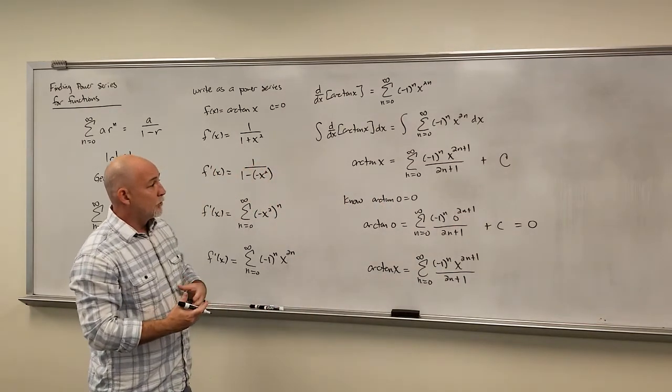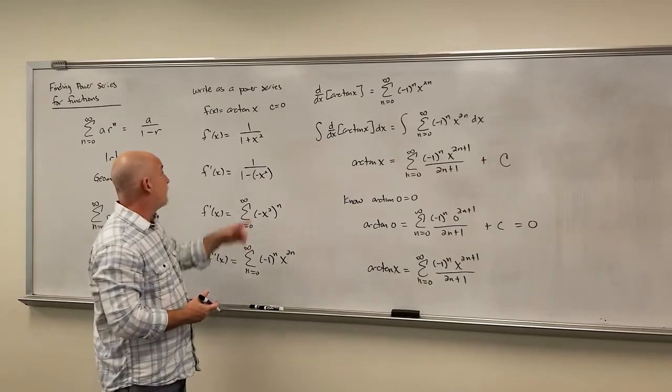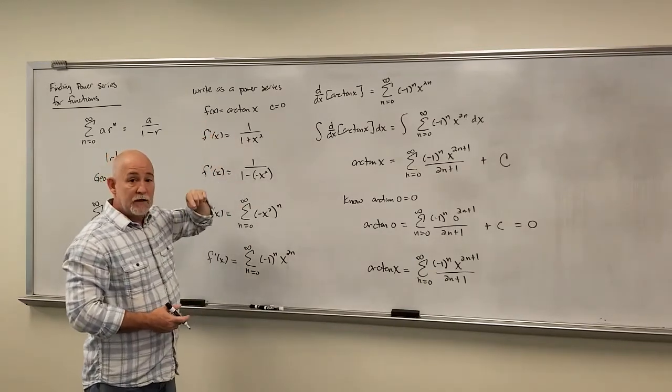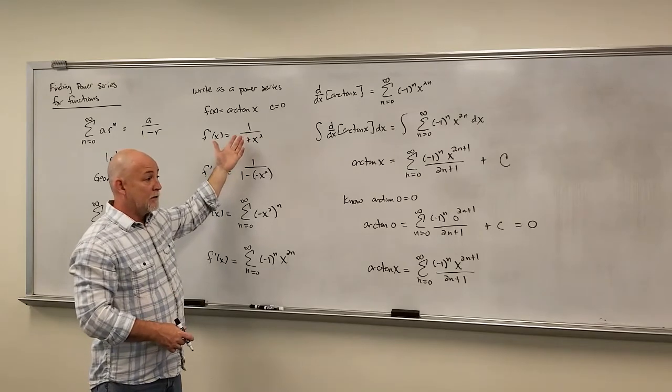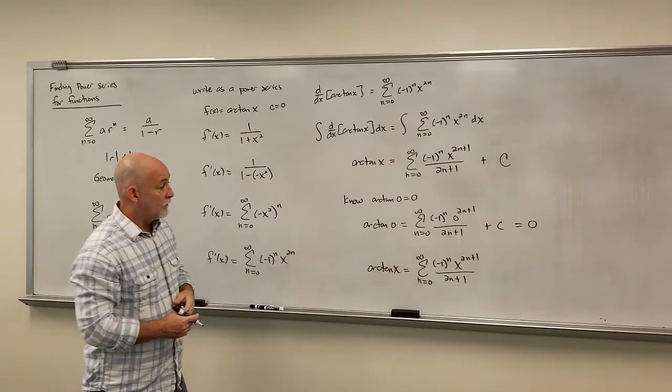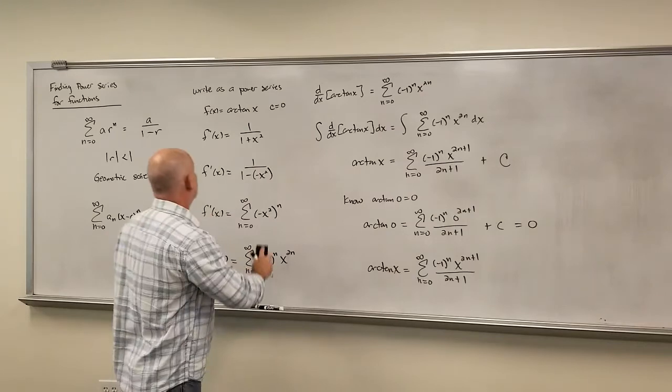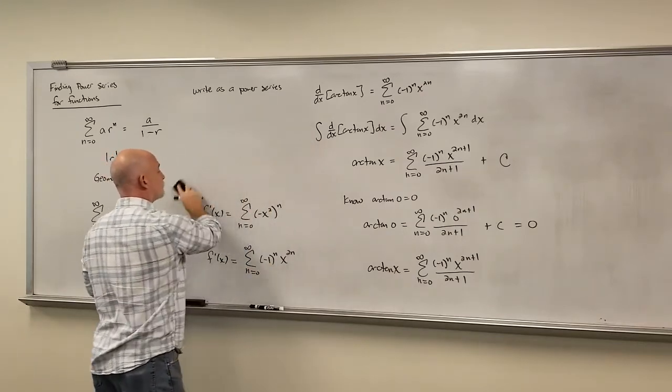So sometimes when you're looking to find the power series of a function and you're not sure, you may want to take a look at either the integral of that or the derivative of that may be helpful. Which brings us to our next example.